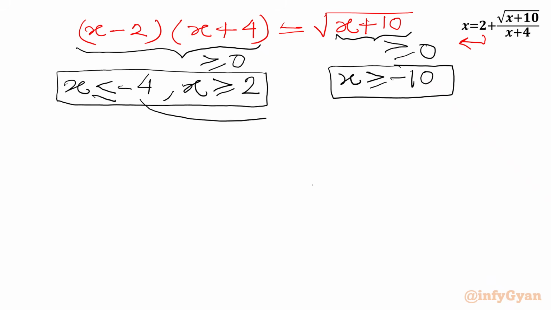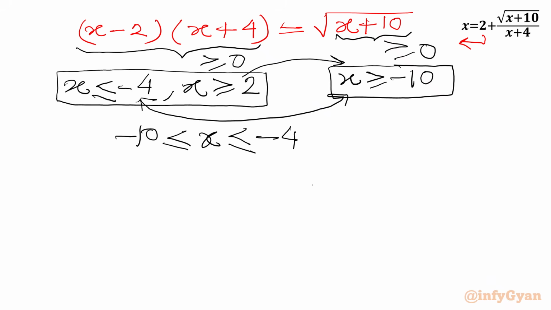We'll take intersection of these two. So we'll write here x should be in the interval minus 10 to minus 4. And if we will take intersection of these two conditions, we will write x should be greater than or equal to 2. Now we have to check out of 4 solutions.